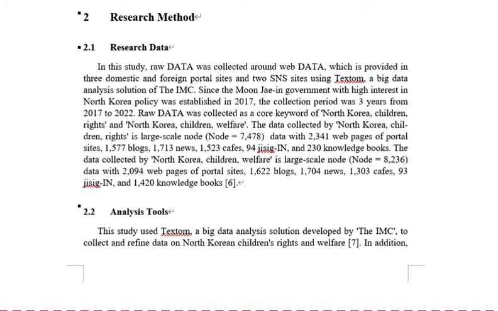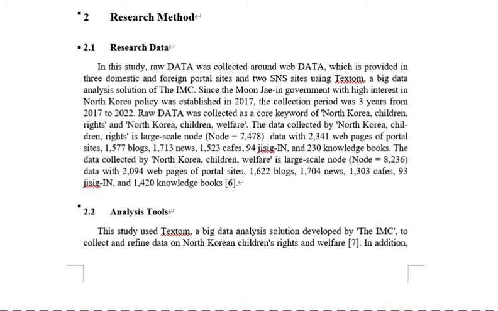The data collected for North Korean children's welfare is also large-scale: 2,094 web pages of portal sites, 1,622 blogs, 1,704 news, 1,303 cafes, 93 지식인, and 1,420 knowledge books.